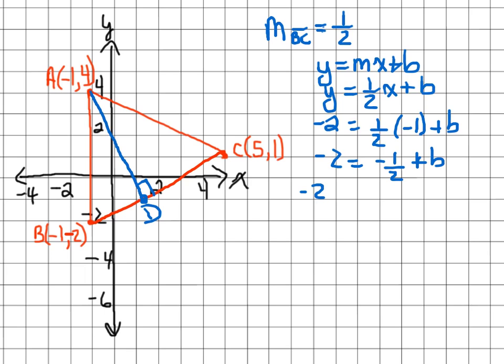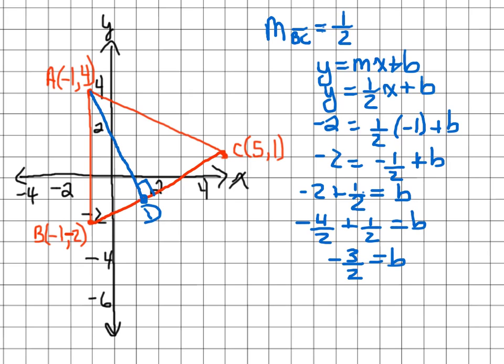So -2 plus 1/2 equals b, because -1/2 plus 1/2 is 0. Now in order to add these two, I need a common denominator. So this will become -4/2 plus 1/2 is b. So that's -3/2 is b.